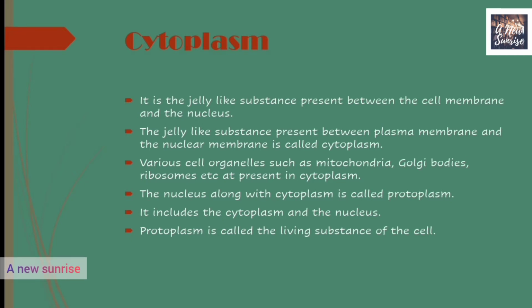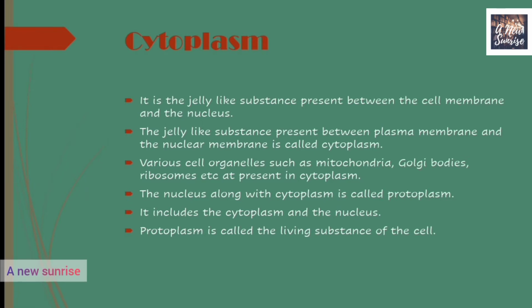Cytoplasm is a jelly-like substance between the cell membrane and the nucleus. Various cell organelles such as mitochondria, Golgi bodies, ribosomes, etc. are present in cytoplasm. The nucleus along with cytoplasm is called protoplasm. It includes the cytoplasm and the nucleus. Protoplasm is the living substance of the cell.